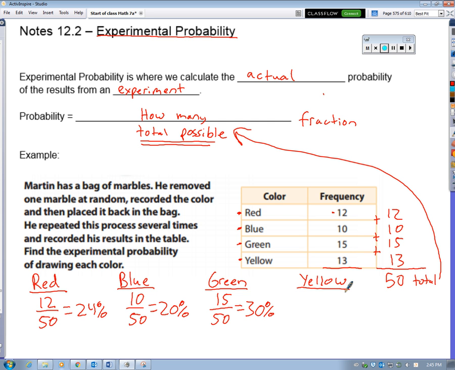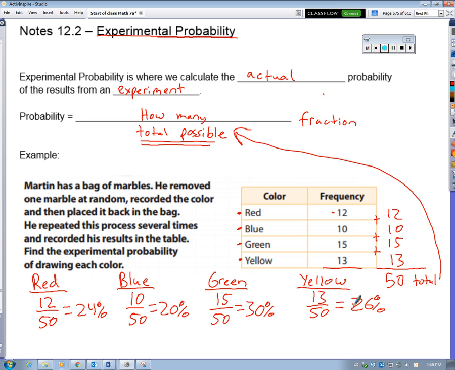We had 13 yellows out of 50. So that would get us 26%. So that's the probability of every single color being drawn out of the bag. And if you look, they're all pretty close to each other: 24%, 20%, 30%, 26%.